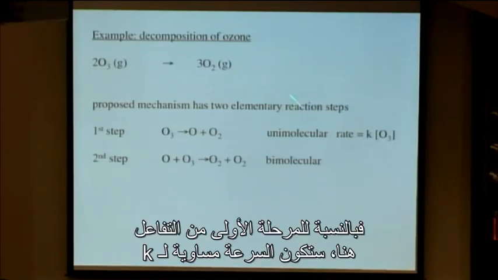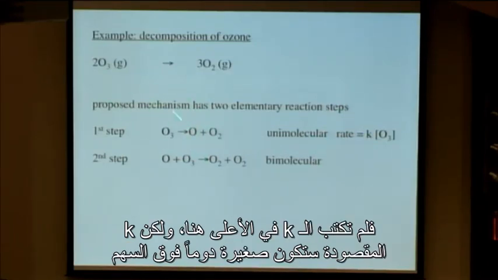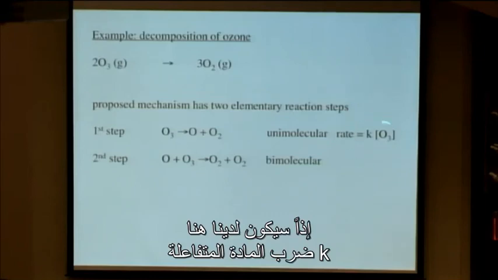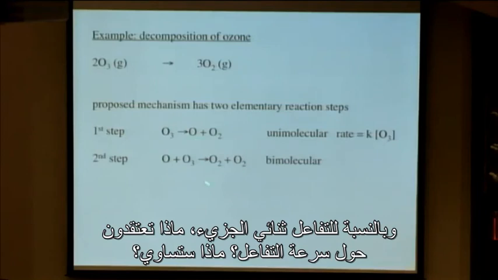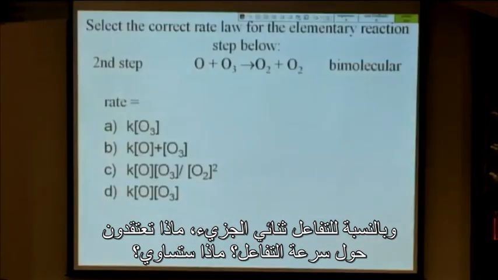For the first step here, the rate would be equal to a K. I don't have the K written up here, but there's always going to be a little K over the arrow. So K times the reactant would be here. For bimolecular, again, assume a K over there. What's that rate going to be equal to?